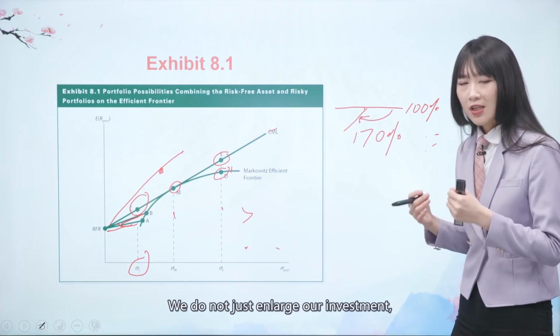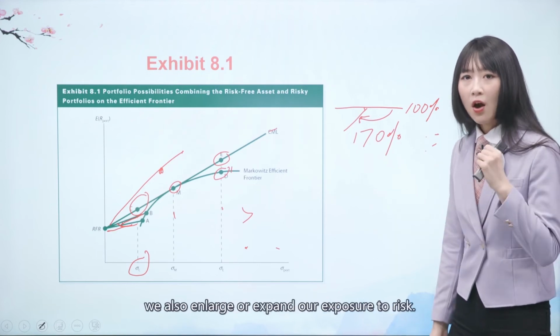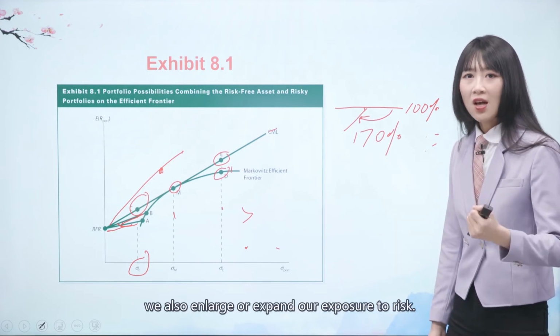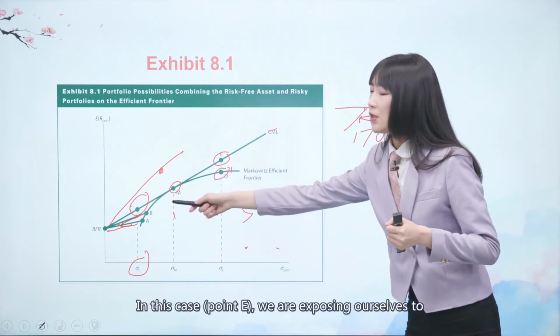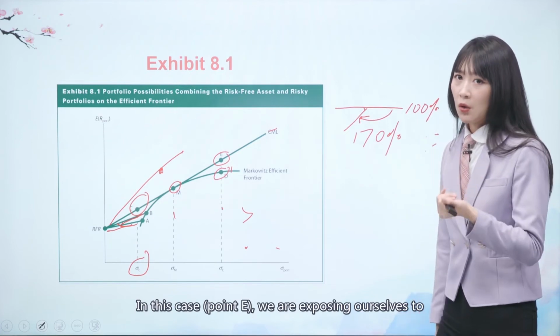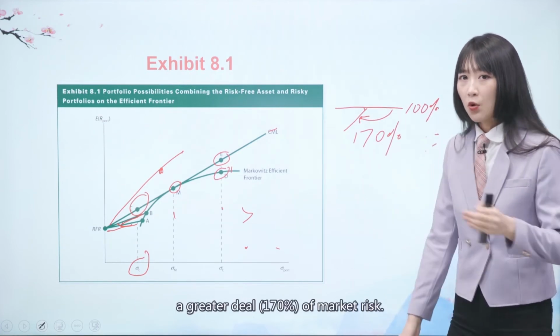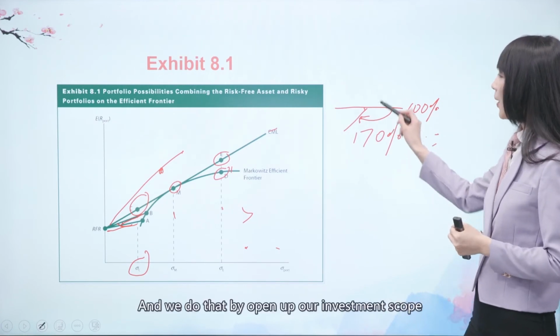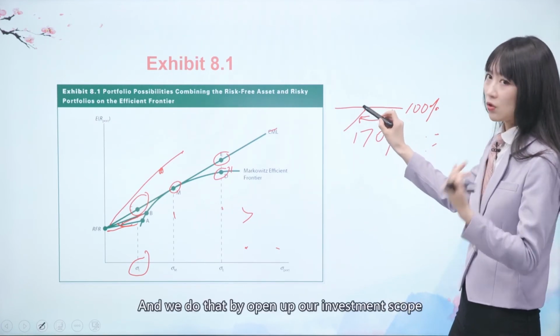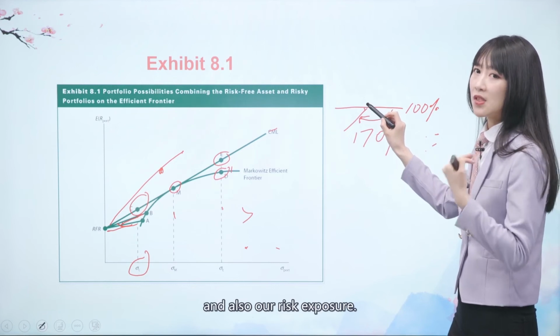We do not just enlarge our investment, we also expand our exposure to risk. In this case, we are exposing ourselves to a greater deal of market risk. And we do that by opening up our investment scope and also our risk exposure.